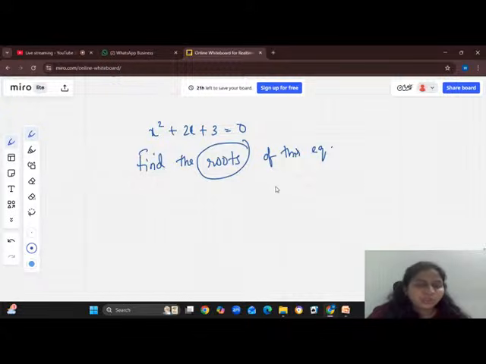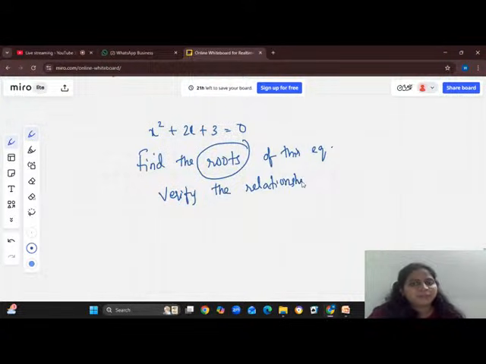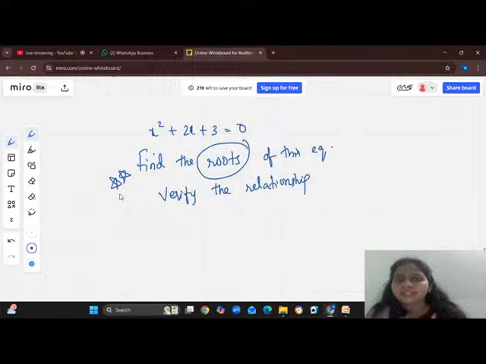And they will ask you to verify the relationship again. Here comes the polynomial question. Verify the relationship. This is the most important type of question. If you are aware of this question, practice this kind of questions more and more. For sure, this question is going to come in your board exams. Mark my word.